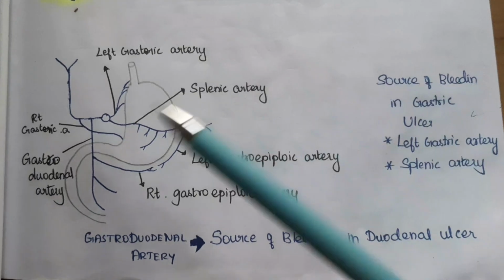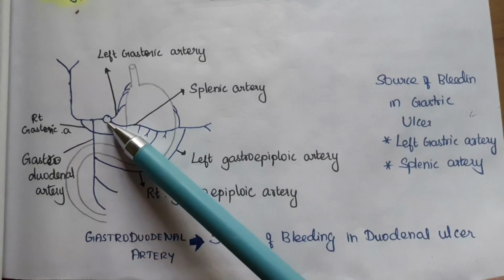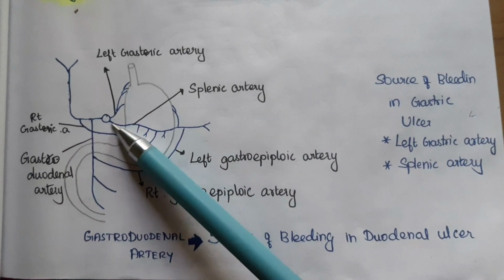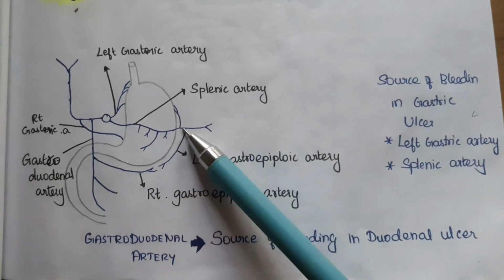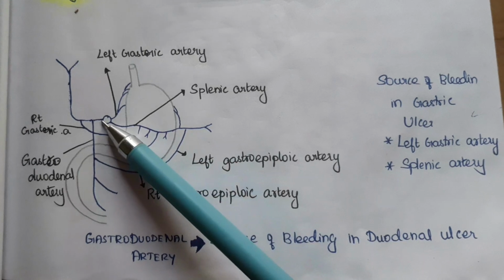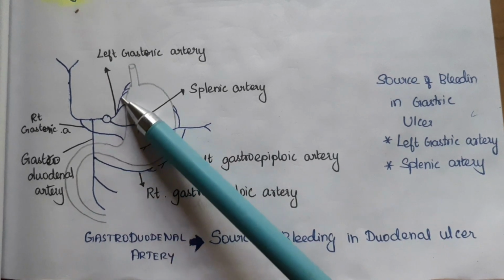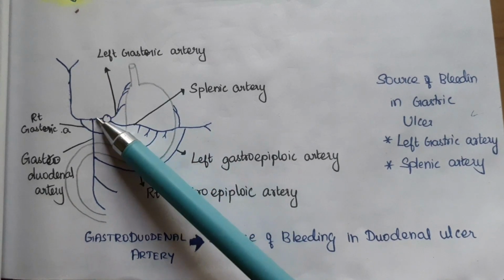This is the celiac trunk. The three major branches of the celiac trunk are: the first one, the splenic artery that travels posterior to the stomach, and this is the left gastric artery, which gives off esophageal branches to supply the lower part of the esophagus.